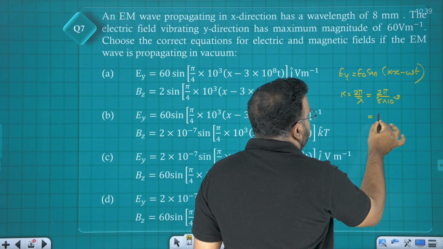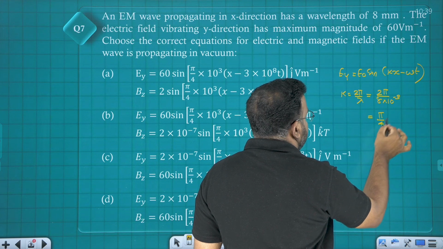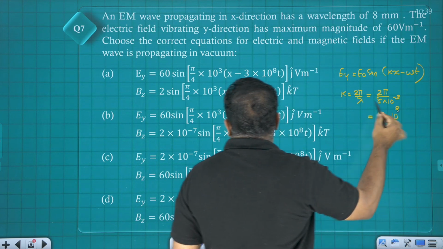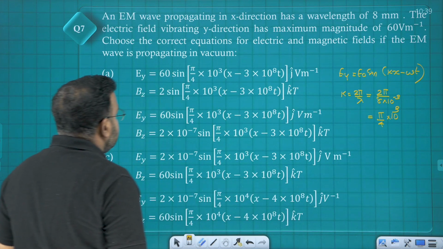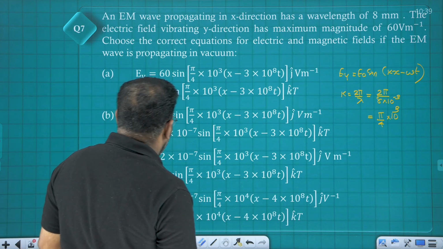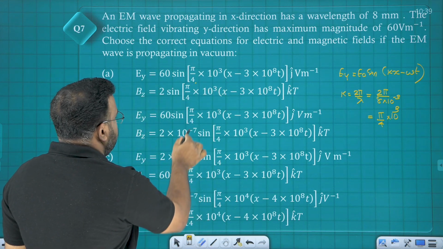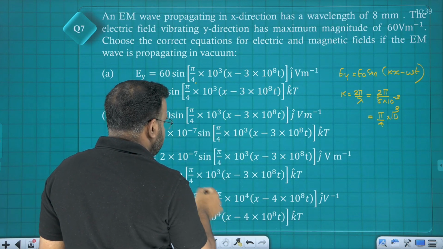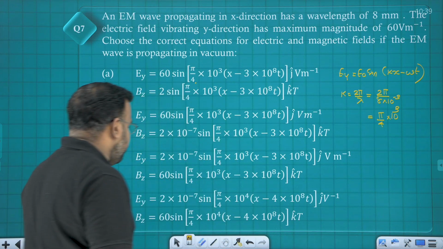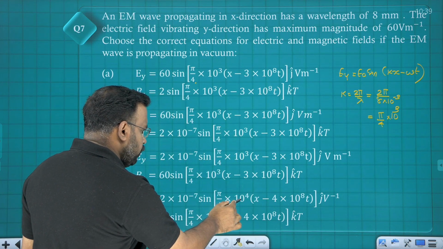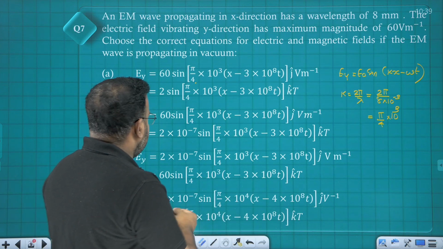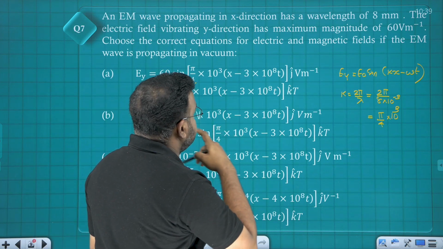So this will become pi by 4 into 10 to the power 3, which is the k value. Here you can see pi by 4 into 10 power 3, here also pi by 4 into 10 power 3. But here it is pi by 4 into 10 power 4, so that will be wrong. So pi by 4 into 10 power 3 is the k value.